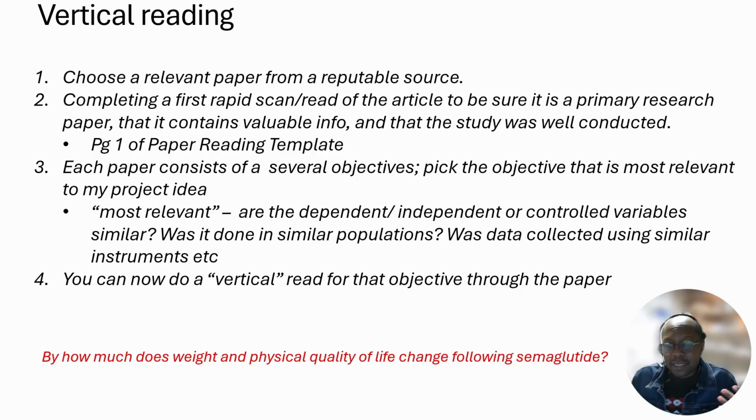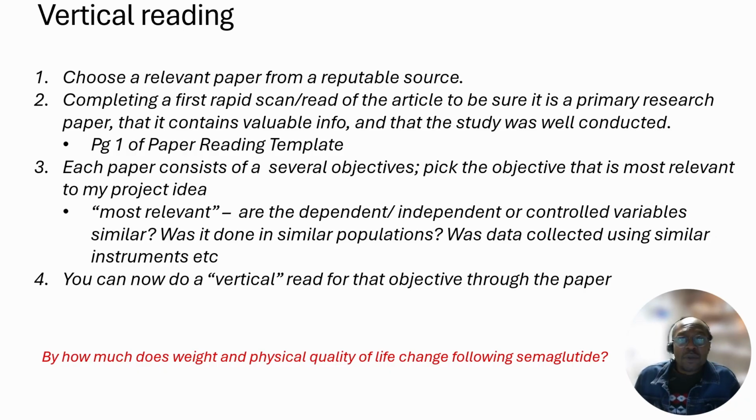If I'm looking at say Ozempic in people that have diabetes versus in just people that are obese, those are different things, right? So you want to be sure that it's relevant. Is the paper collecting the kind of data with the kind of instruments that I plan to use in my project?